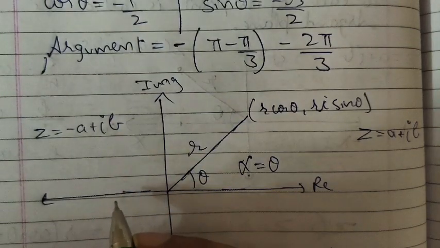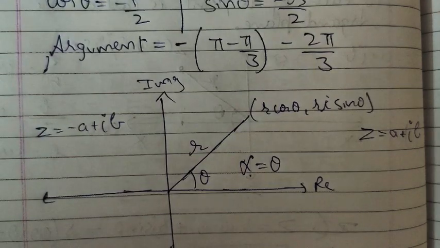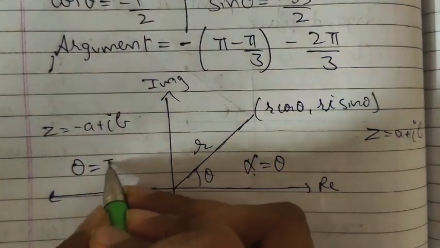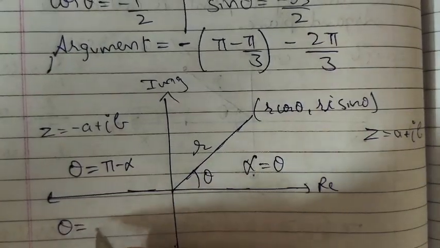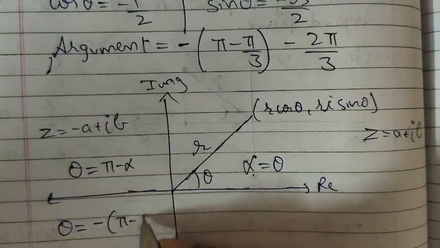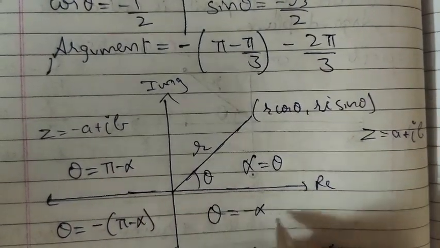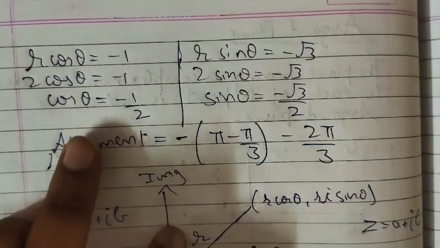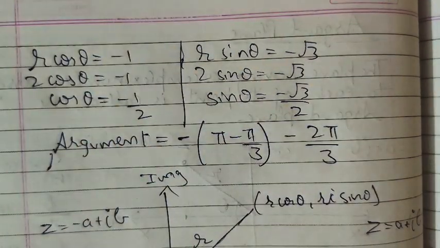So in the second quadrant theta will be equal to pi minus alpha. In the third quadrant theta will be equal to minus pi plus alpha, and in the fourth quadrant theta will be equal to minus alpha. Always remember this. Here both cos and sin are negative, that means theta is in the third quadrant.